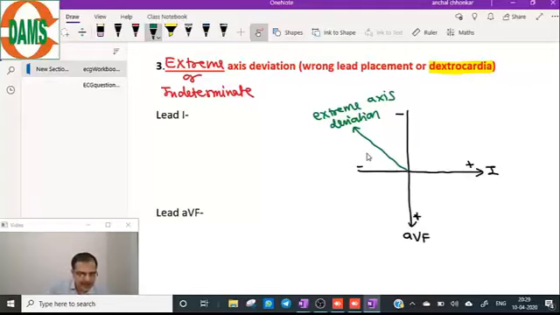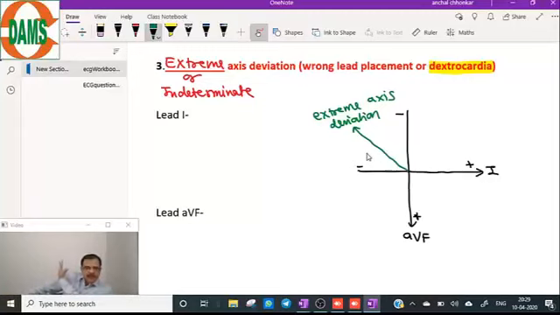And remember, it can also be because of wrong lead placement. This extreme axis can occur. Extreme axis deviation, left ventricle on the right side and posteriorly placed.